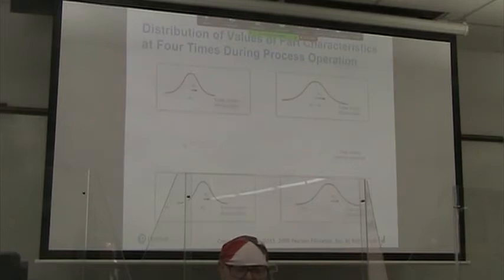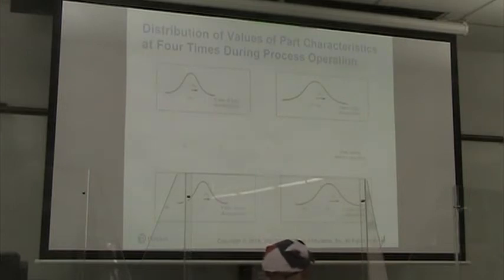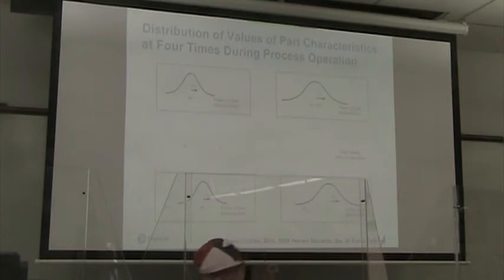The first one, and I don't know if you can see that timeline, the timeline here, we have the bell curve, we have our initial mean, and our initial standard deviation.